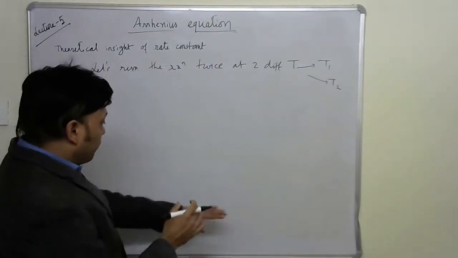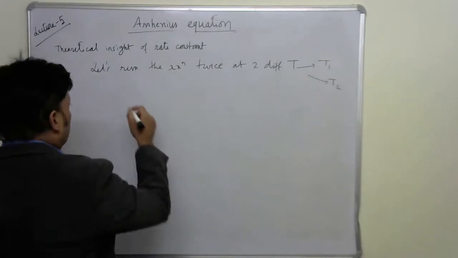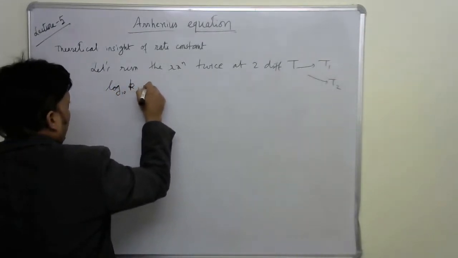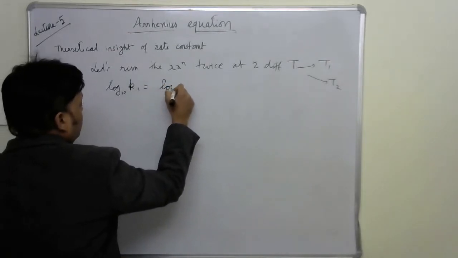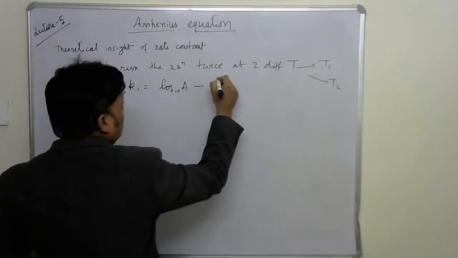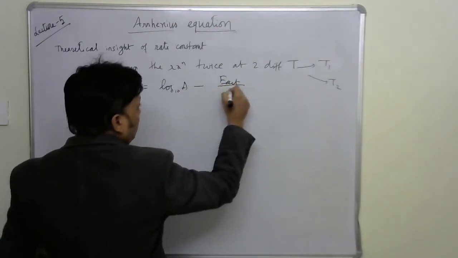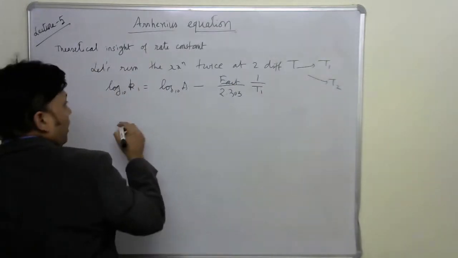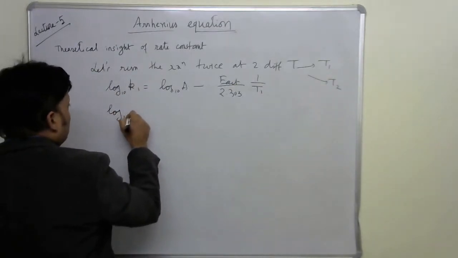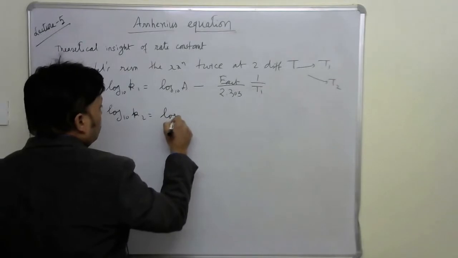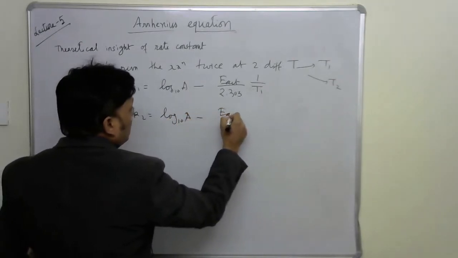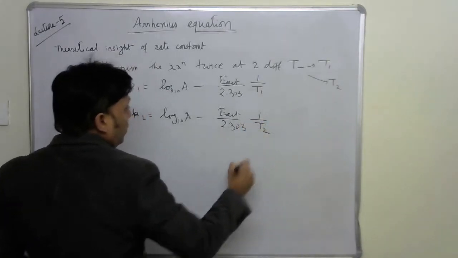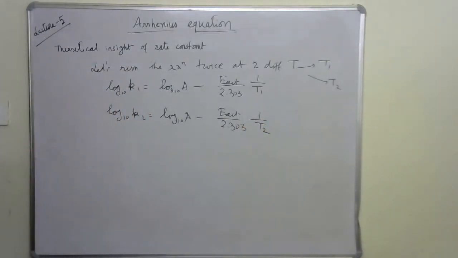Therefore, from equation 2 we have just written, we can write that log to the base 10 of k1 is equal to log to the base 10 of A minus E_act divided by 2.303 R, times 1 over T1, and similarly log to the base 10 of k2 is equal to log to the base 10 of A minus E_act divided by 2.303 R, multiplied by 1 over T2.